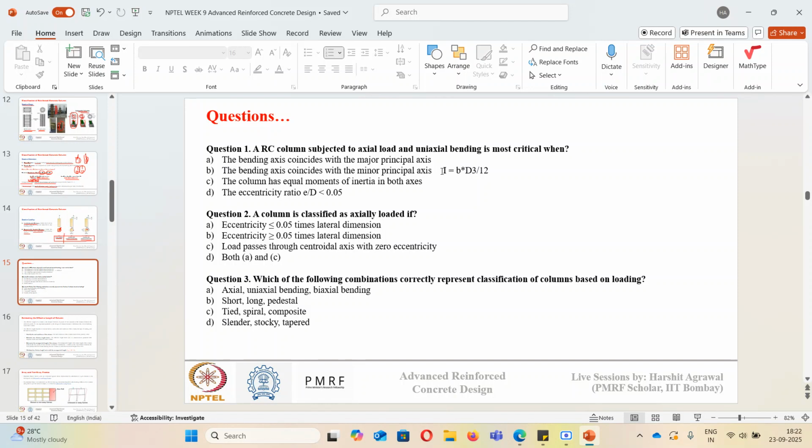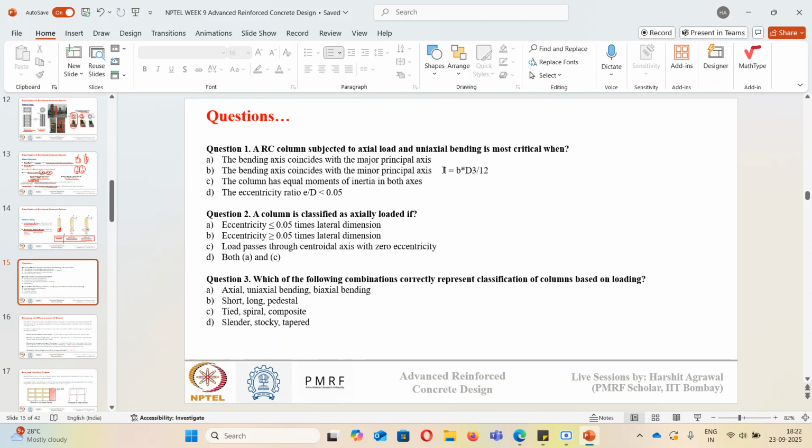The direction where my moment of inertia is larger, we say that is the major principal axis. And the direction where my moment of inertia is smaller is the minor principal axis.